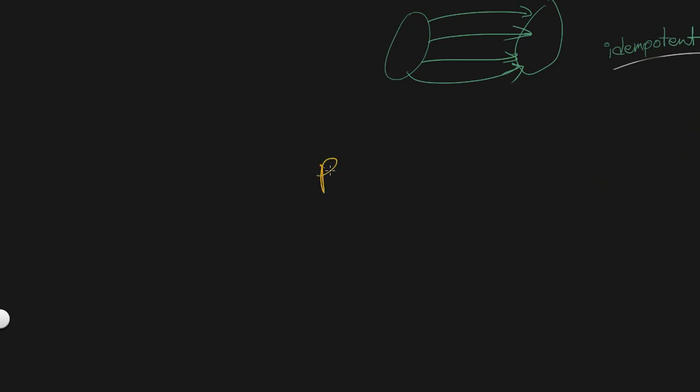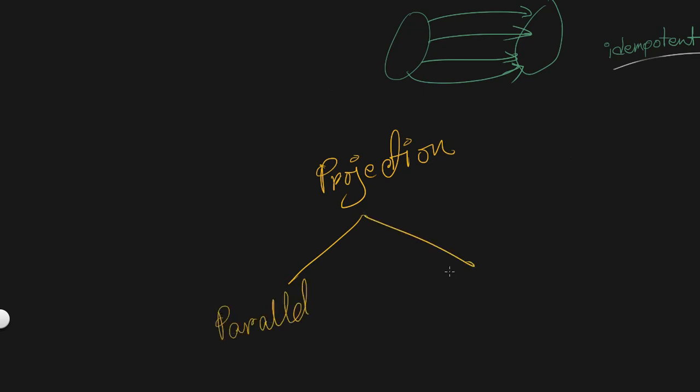So we have projection, and under that, the first classification, we have parallel and perspective. So what's the differentiation here?